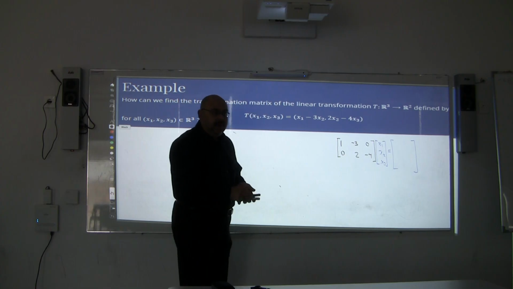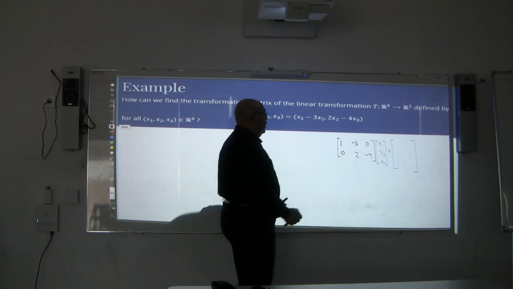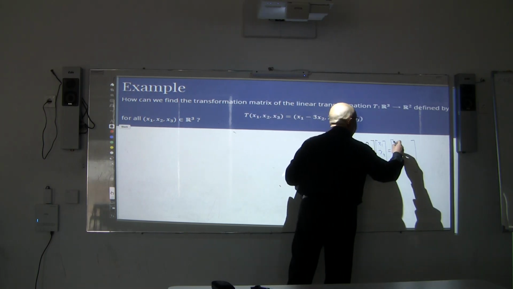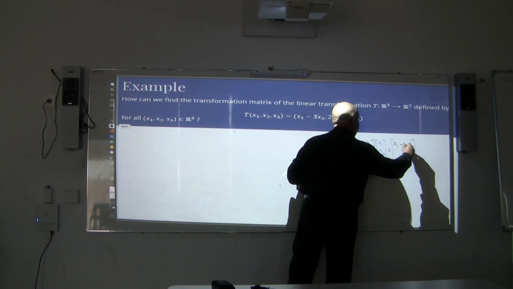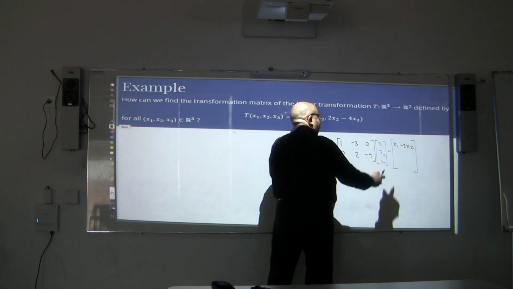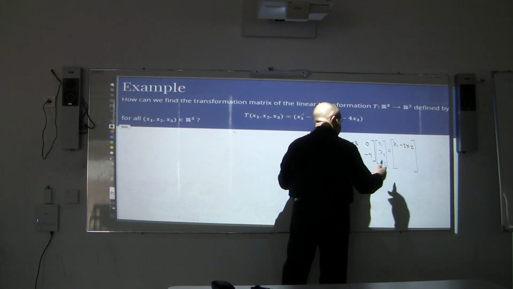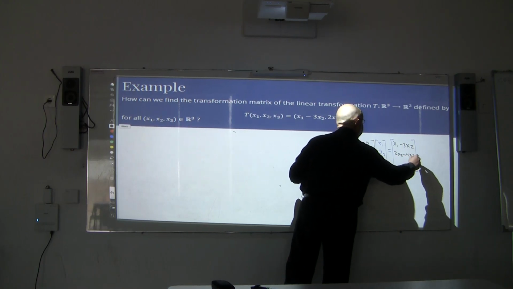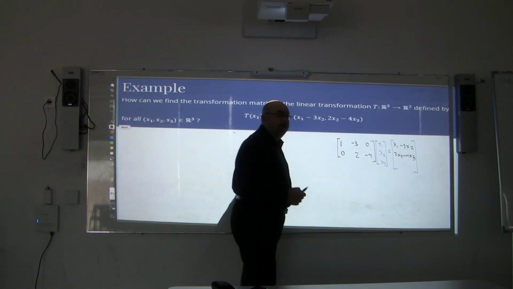Let's check. If I multiply the first row by X1, X2, X3, it will give you X1 minus 3X2. If I multiply the second row by them, it will give you 2 of an X2 minus 4X3. And that's the 2 components.